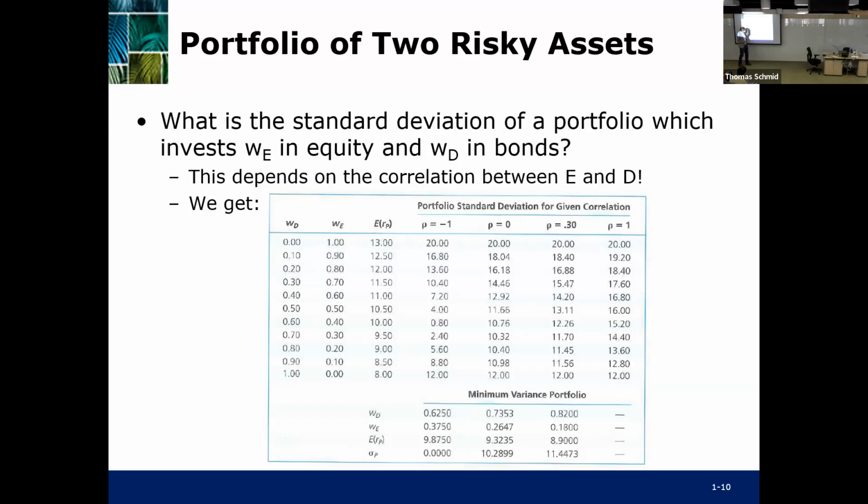What is interesting is the 50-50 case. With a correlation of 1, the standard deviation of the portfolio is 16%, which is just the weighted average of 20 and 12. Remember, +1 is linear, just the weighted average. But if the correlation is not +1 but 0.3, the portfolio risk goes down to 13%.